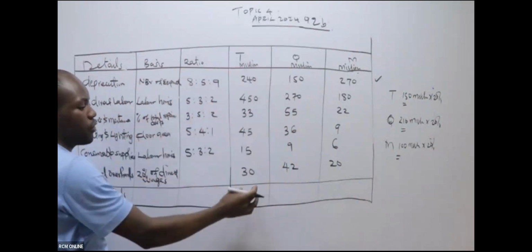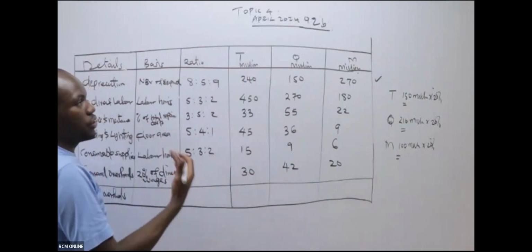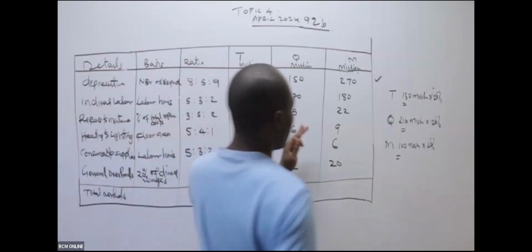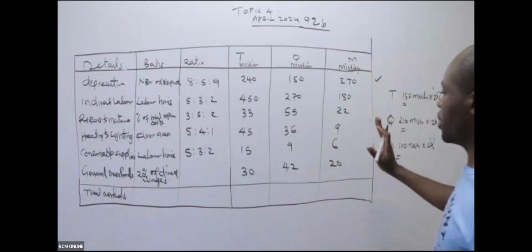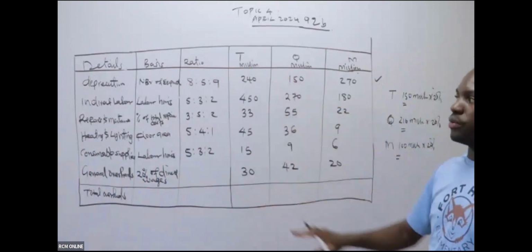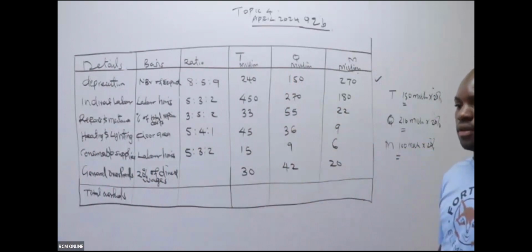This column here, what are you getting as the total amount distributed to T departments? Somebody should be able to add that for us. Another person should pick column Q, then the other person should pick column M. So just indicate the letter and the total.